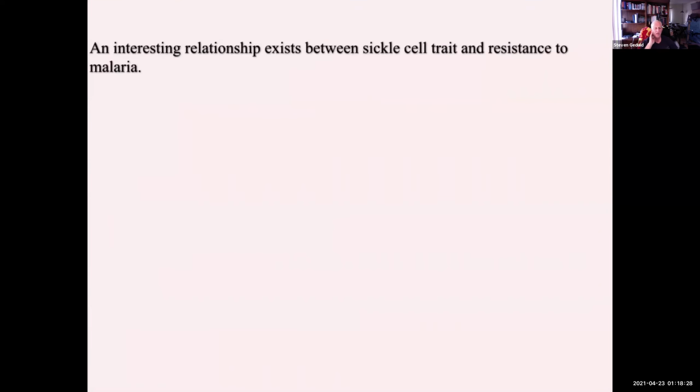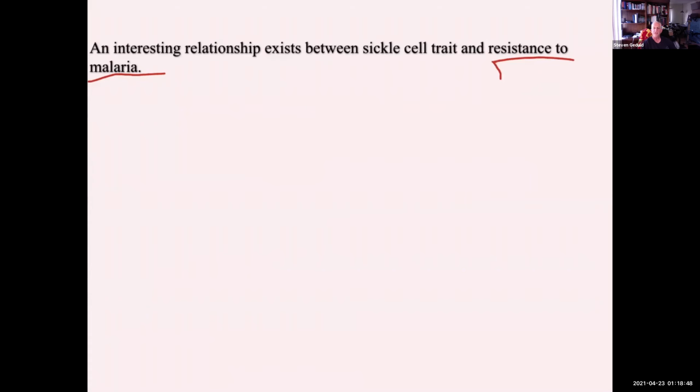Okay, why, you probably ask yourself, if it's such a bad disease, with such huge results, why is it still present? Why doesn't evolution filter it out? Because if you have sickle cell trait, you're resistant to malaria. Okay?